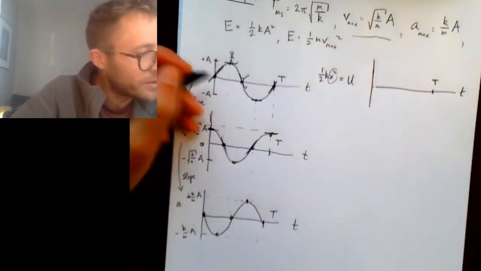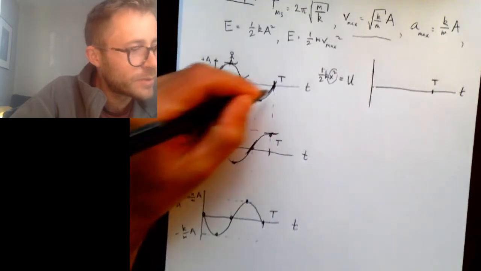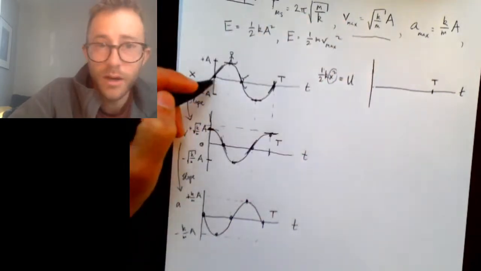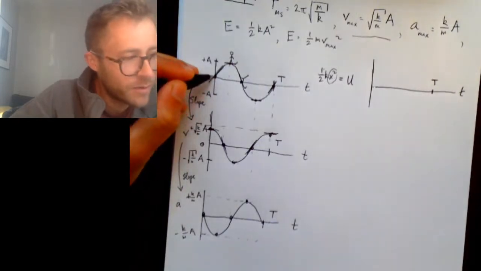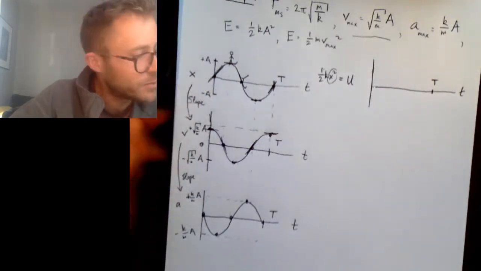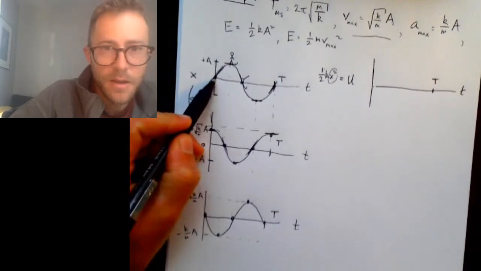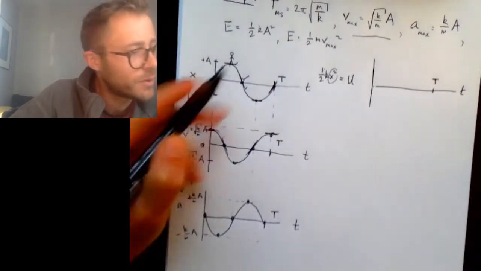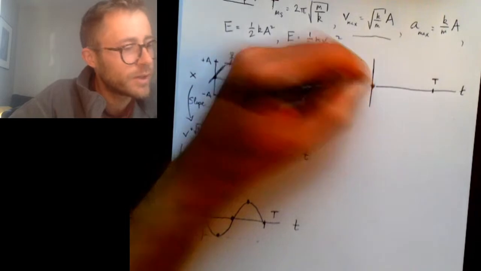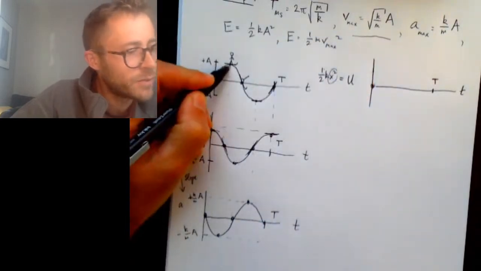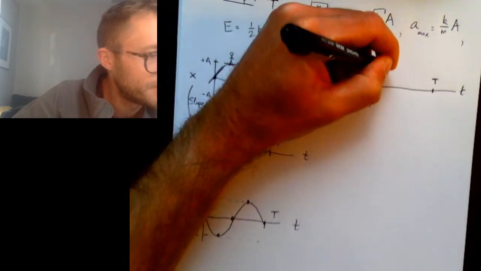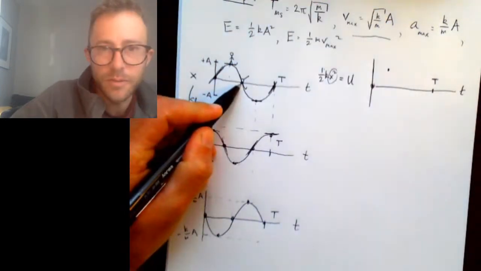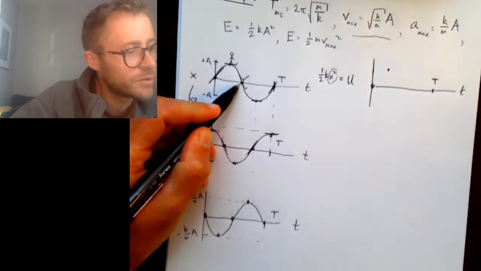So we're going to take these same 5 points and we're just going to square them and see what the sign is, okay? So right here I have 0 because the position is 0 there. 0 squared is 0. So I will mark 0 at that time. A positive number squared here is a positive number. 0 here, 0 squared is 0.